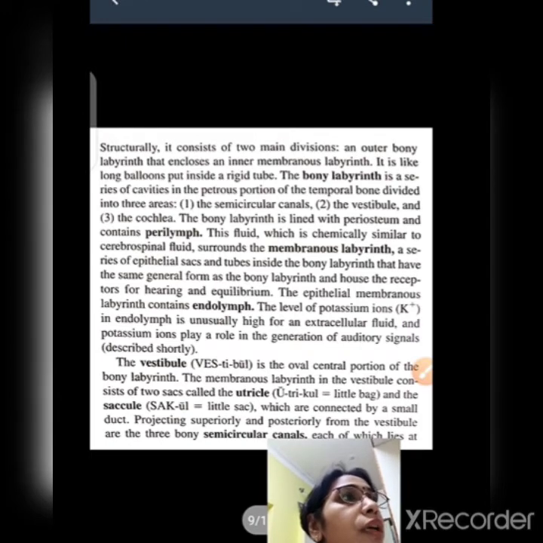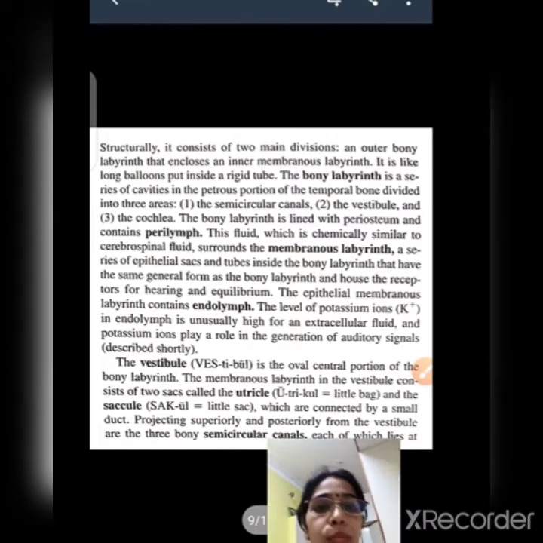Projecting superiorly and posteriorly from the vestibule are the semicircular canals, each of which lies at approximately right angles to the other two. Based on their positions, they are named the anterior, posterior, and lateral semicircular canals.